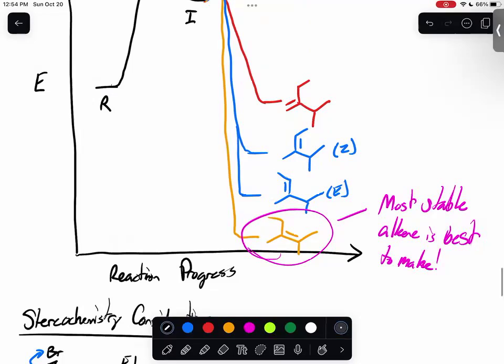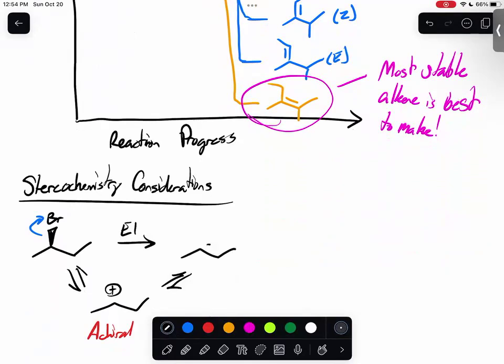You're always just forming the most stable alkene. All right, so essentially for E1, stereochemistry doesn't matter.